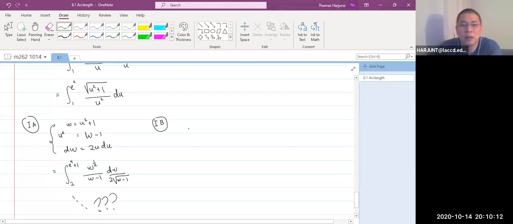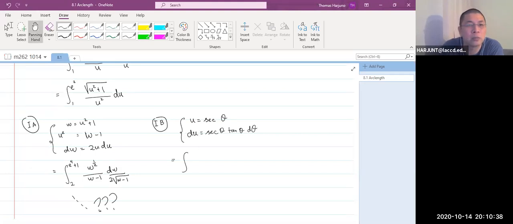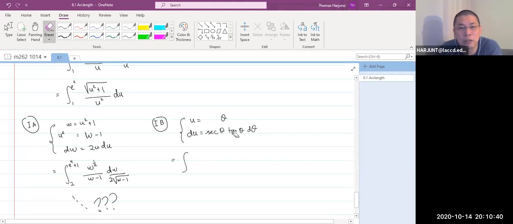The second method, I will use u equals secant theta. So du equals secant theta tangent theta d theta. Okay, so u squared plus 1 will be, oh, I'm sorry, it should be tangent, huh? My bad. Should be tangent.